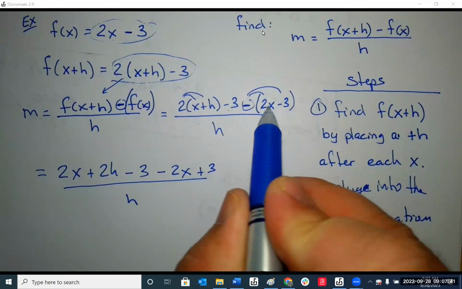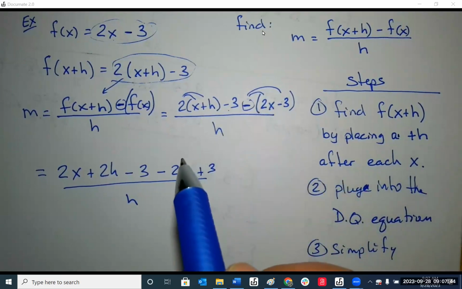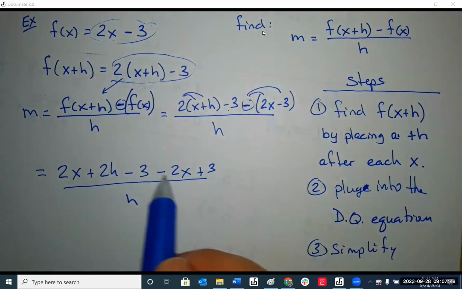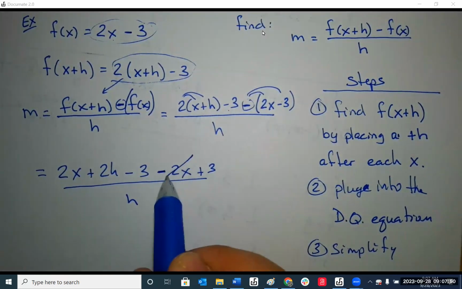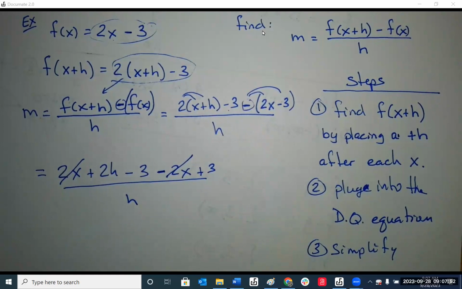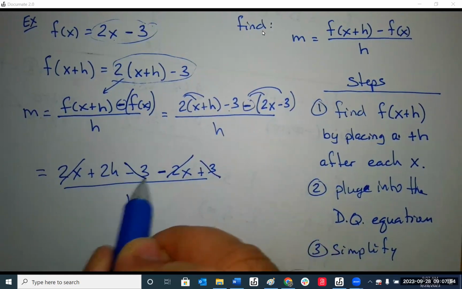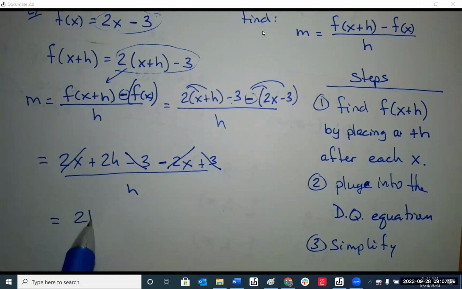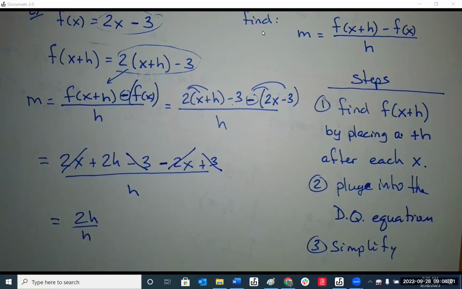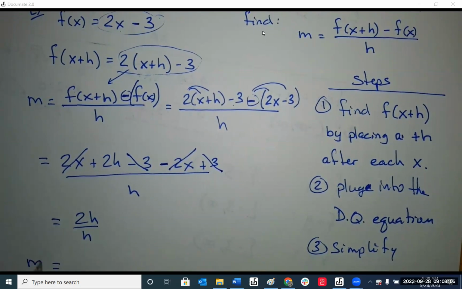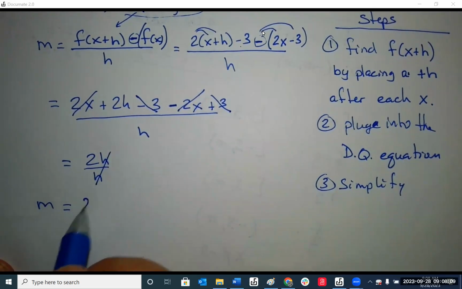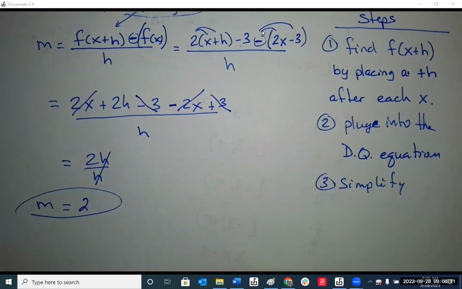Everything after the minus sign has to cancel. If it doesn't, you did something wrong. So the negative 2x cancels with the 2x. The positive 3 cancels with the negative 3. The h's cancel. So our slope is 2.